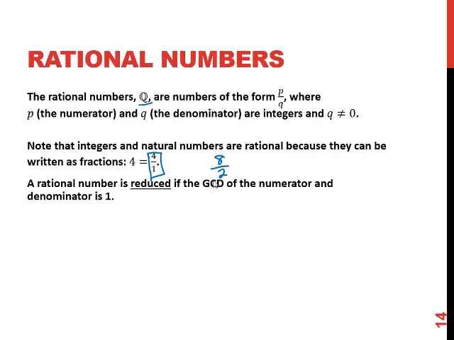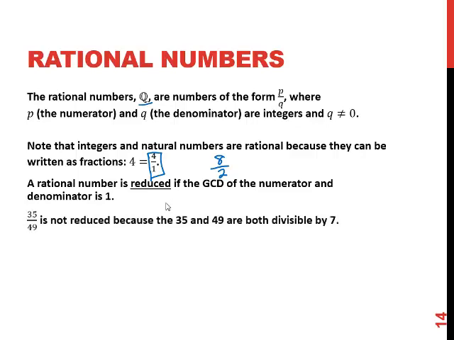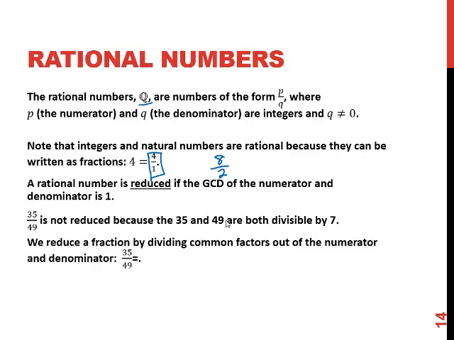We say that a rational number is reduced if the greatest common divisor of the numerator and the denominator is 1. For example, 35 over 49 is not reduced because 35 and 49 are both divisible by 7. We want the greatest common divisor to be a 1. The way we deal with that is by dividing out common factors.